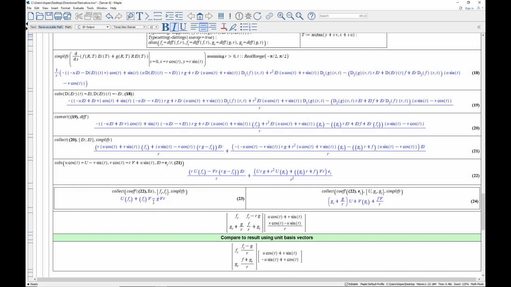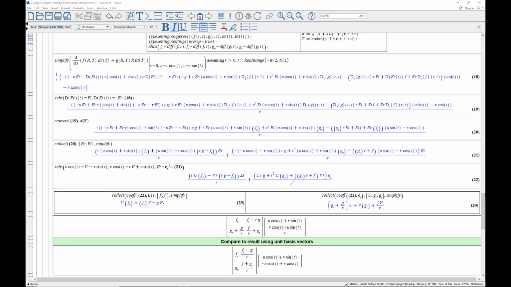And this big U and this big V, there's the U, and this is the V. You can see we correctly brought that V into polar coordinates in terms of the natural basis vectors. And if you just want to take a comparison to what we got using unit basis vectors, it's different. Okay, and it is the basis vectors that make the difference.